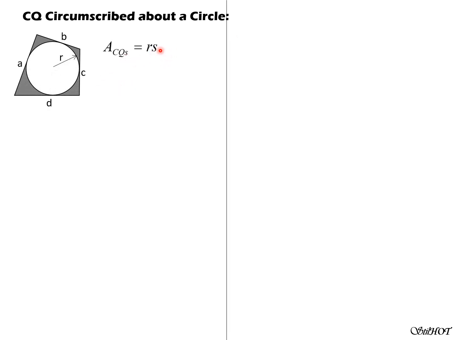We can easily prove that in the same manner that we prove the area of a triangle, RS, where small r is the radius of the inscribed circle. You just divide this into 4 triangles, then you can definitely derive that. Where S is 1/2 of the quantity A plus B plus C plus D.